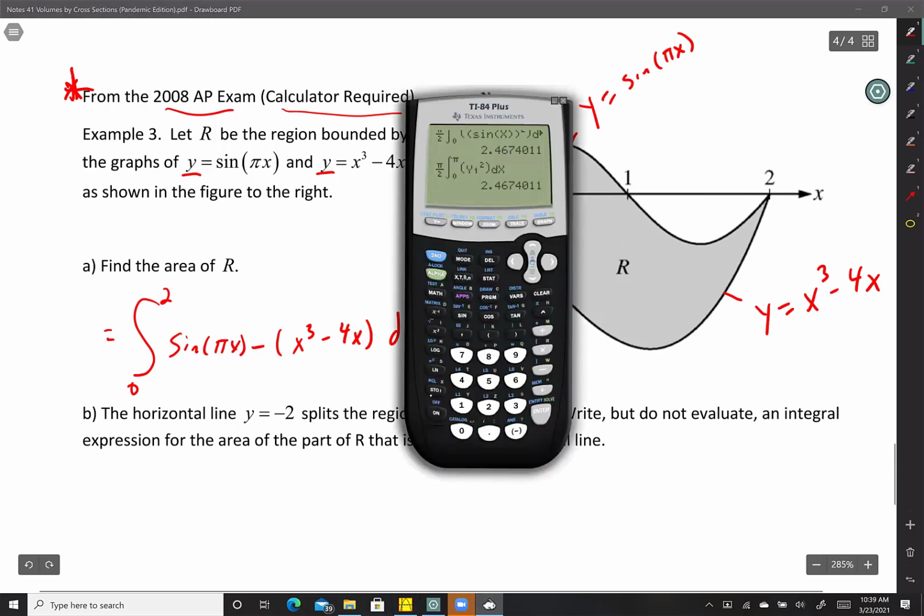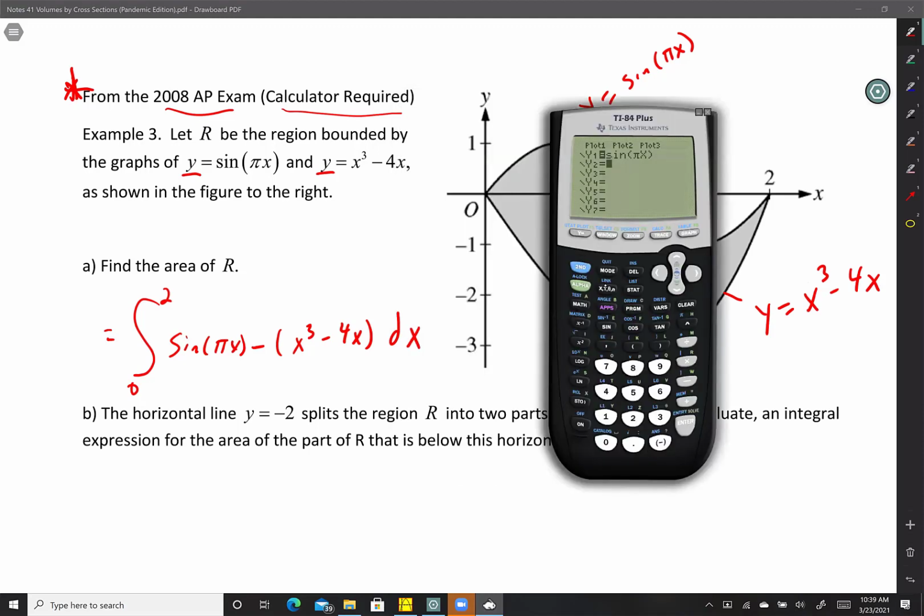So here's my calculator. I'm going to go to y equals, sine pi x, and x cubed minus 4x.